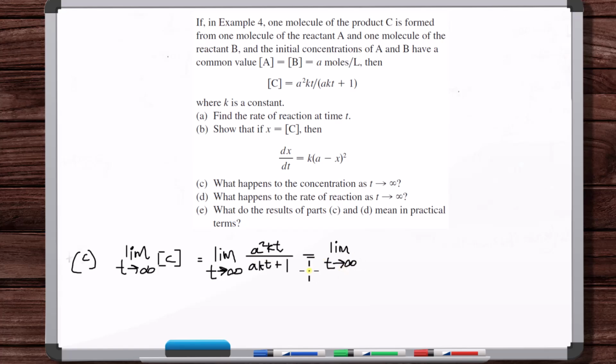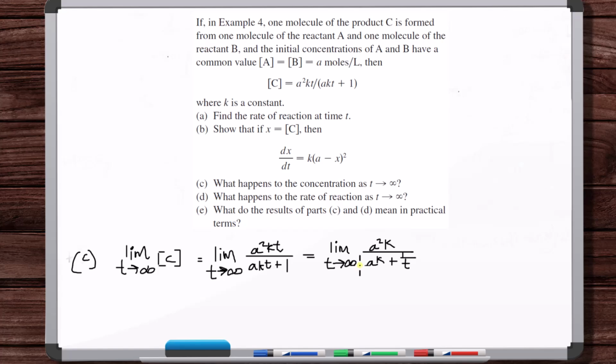With rational expressions, if you're taking the limit as t goes to plus or minus infinity, we're going to multiply by 1 in the form of 1 over t. We're going to divide the numerator and denominator by t. So we get a squared k over a k plus 1 over t.